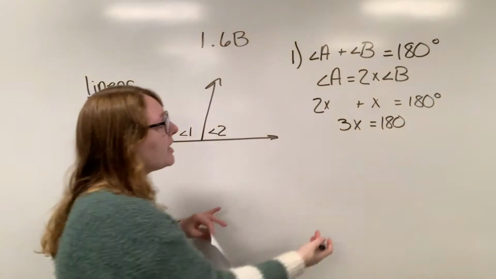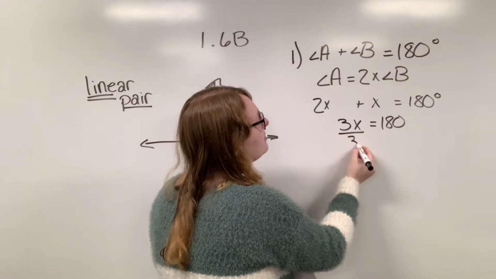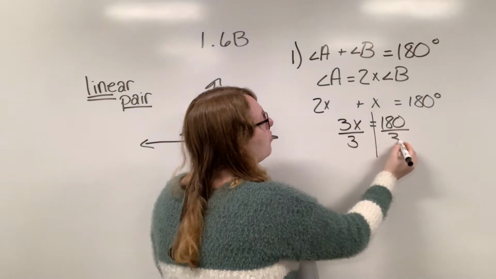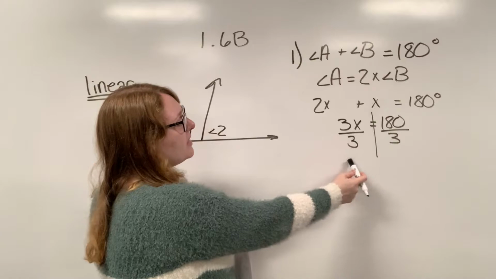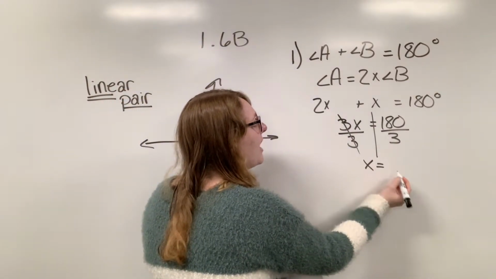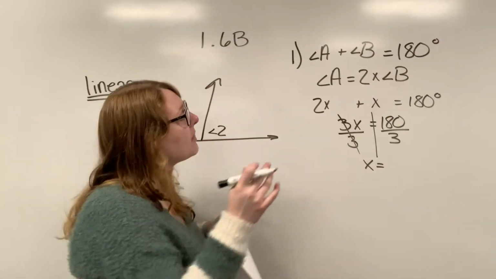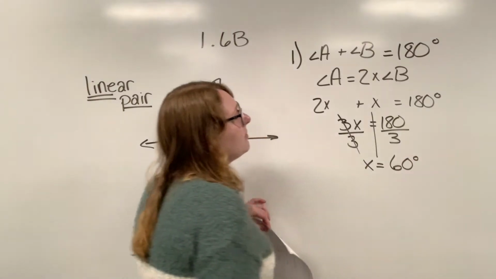Since we have some multiplication between our coefficient and our variable, we are going to divide by our coefficient on each side of the equal sign. Multiply by 3, divide by 3, those cancel, leaving us with just a positive 1x that we don't have to write the 1 for. And 180 divided by 3 is 60, okay?